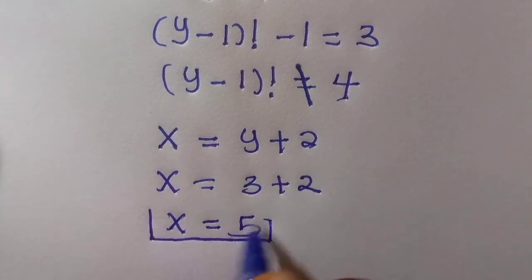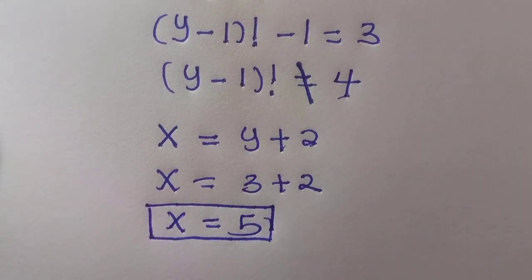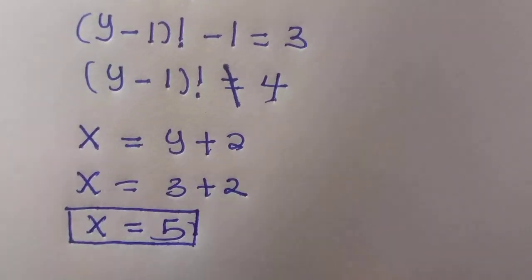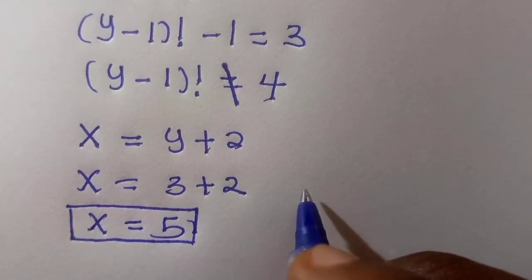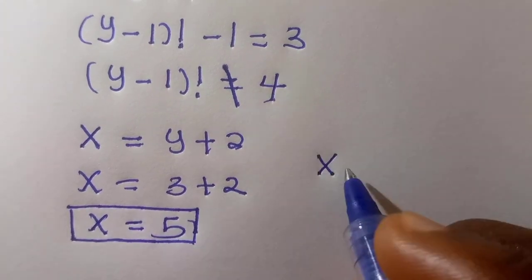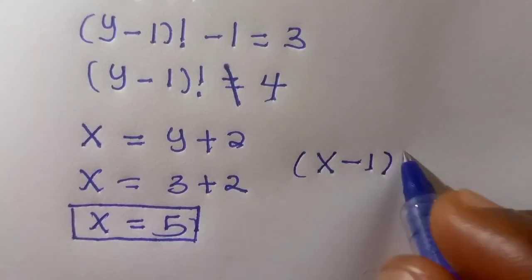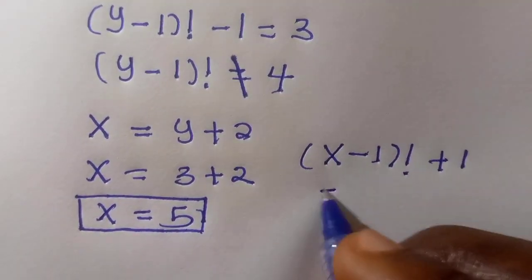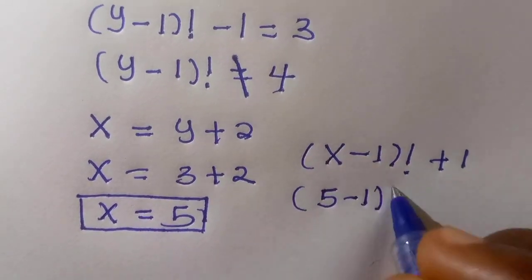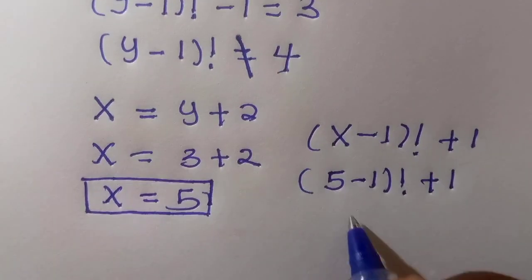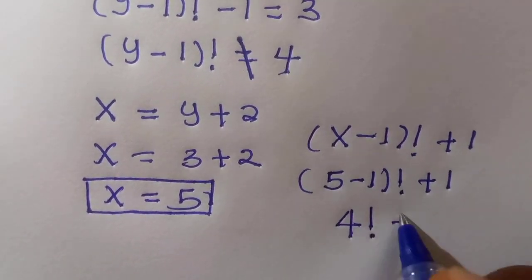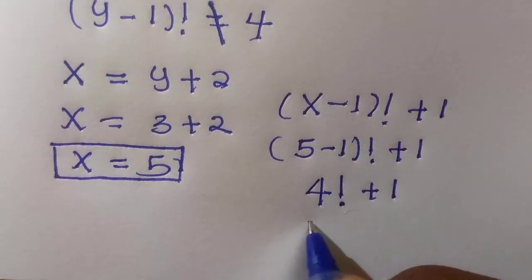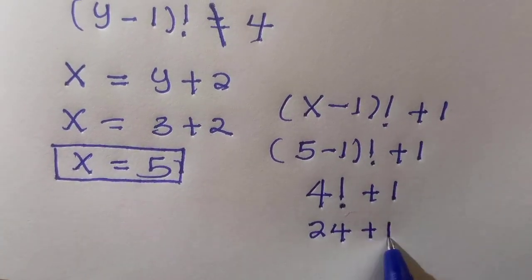x equals 5 is the solution to this problem, and we can check if x equals 5 satisfies it. Recalling the original question, (x minus 1) factorial plus 1 for the left hand side, we substitute the value of x, and here is 4 factorial plus 1, where 4 factorial is 24, and 24 plus 1 equals 25.